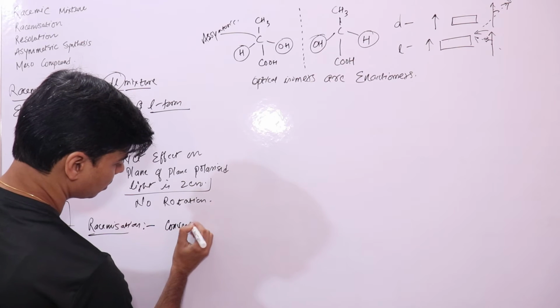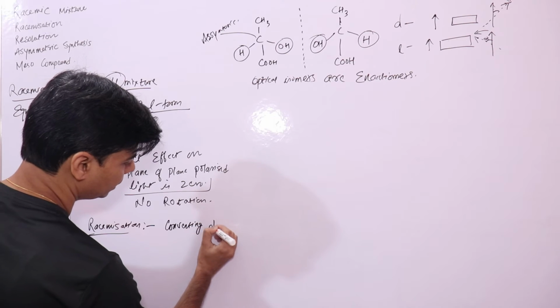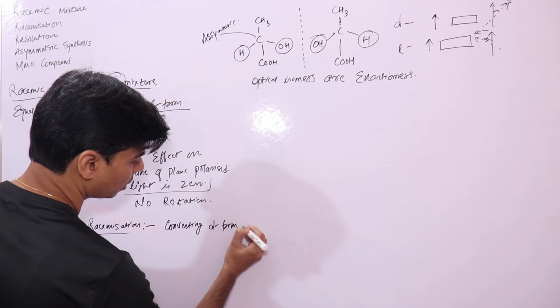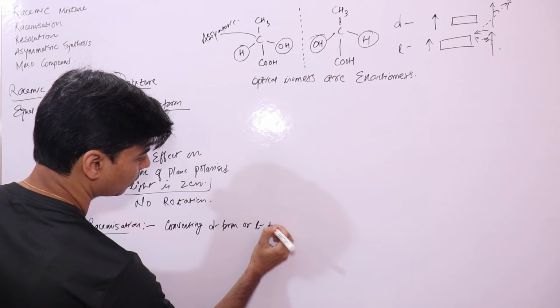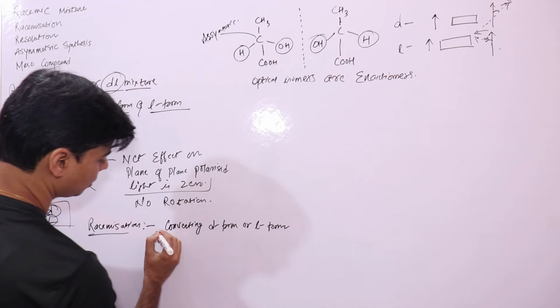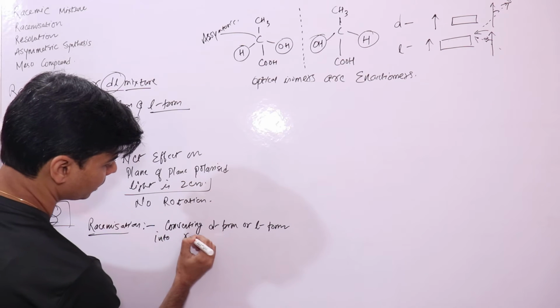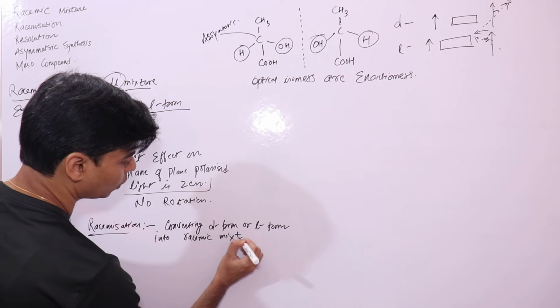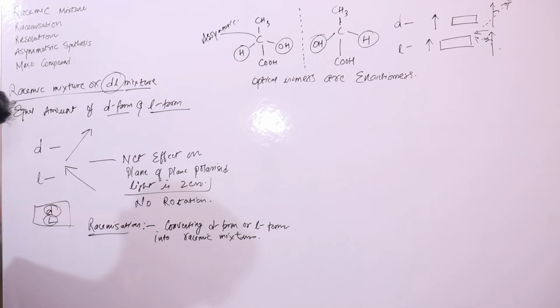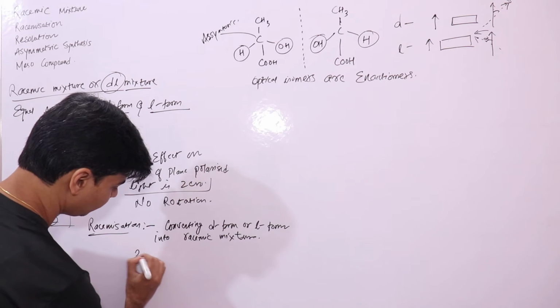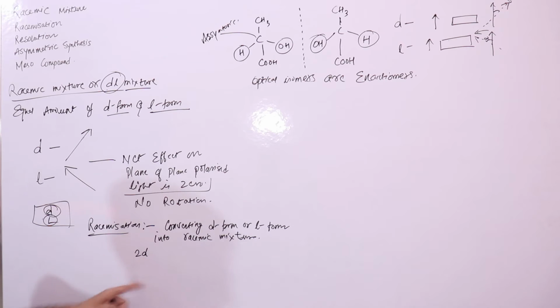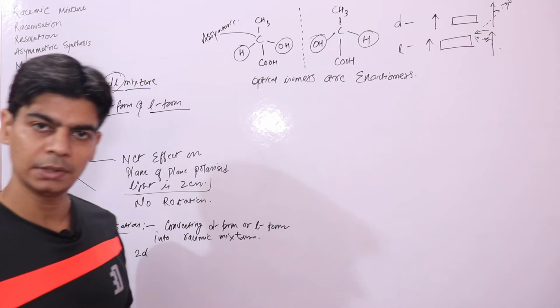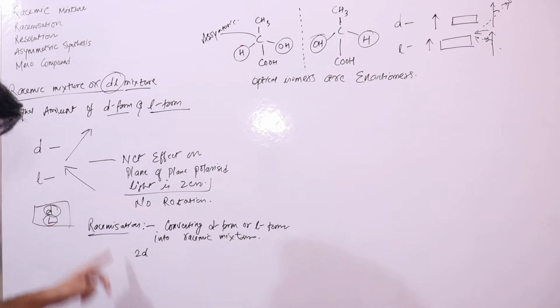Converting D form or L form into racemic mixture, right? So suppose you have 2D, two molecules of any D isomer, and you want to convert it into a racemic mixture.